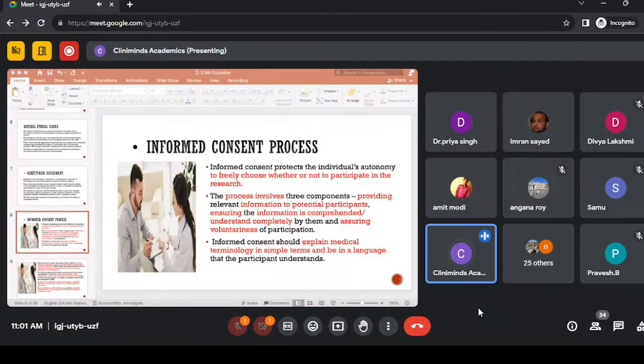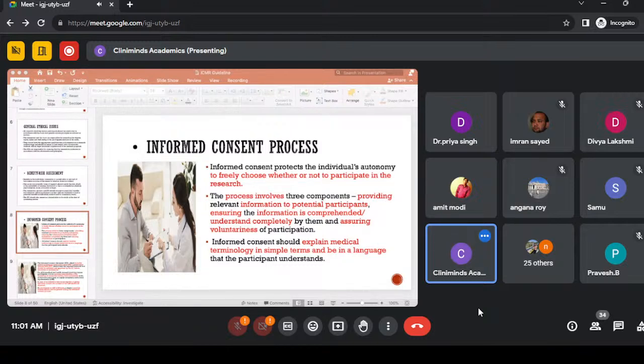Okay. So when we talk about informed consent, we know it's a fundamental ethical as well as a legal requirement in clinical trials. Right? We talk about the 4 basic principles, right? We talked about autonomy. Autonomy means what?